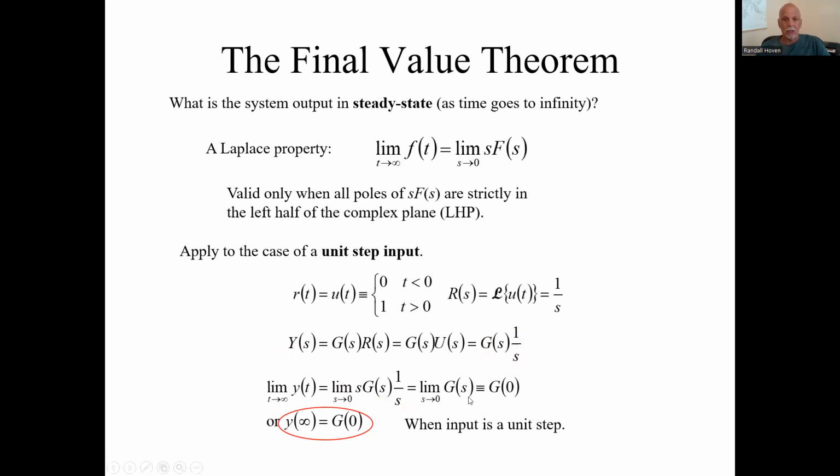The s is canceled, and the answer is just the transfer function evaluated at 0. You want to know the steady state response to a step, all you need is the transfer function, at least when this limit exists.